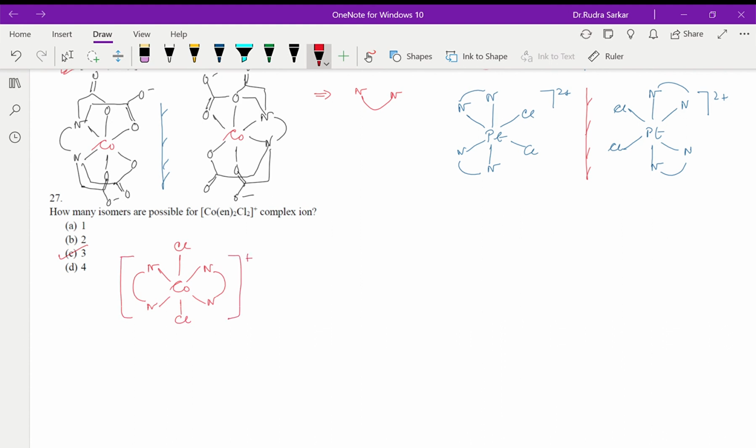And for the cis isomer, we can draw two mirror images, which is going to be like this, and the other.